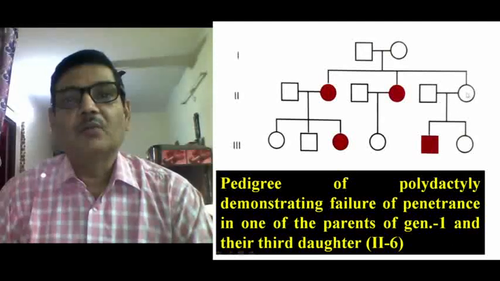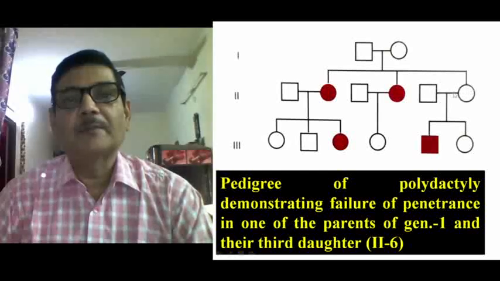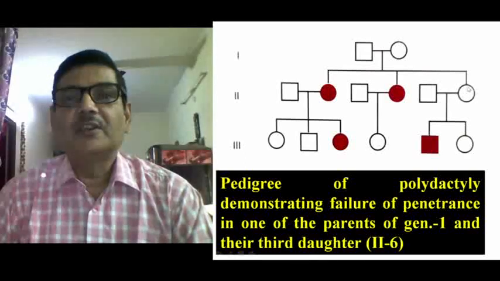And what we observe is that this third daughter, who is married to a normal man, now has children. Out of these 2, one has polydactyly. It means we can say that this trait does not get expressed in this female. So it is a case of incomplete penetrance.